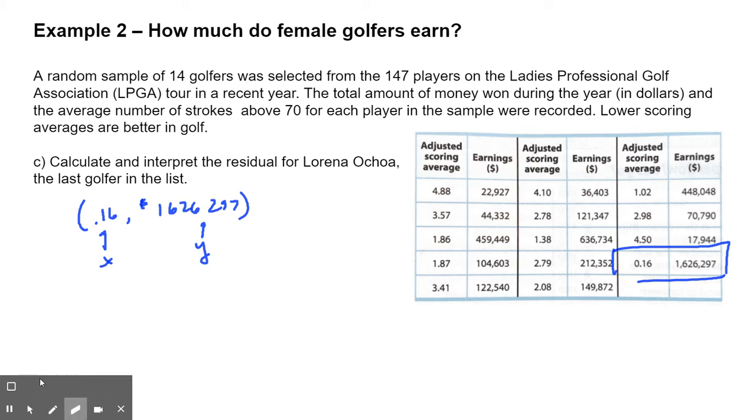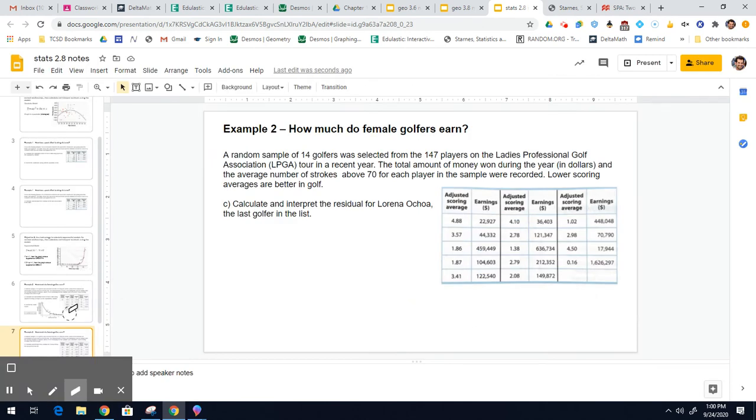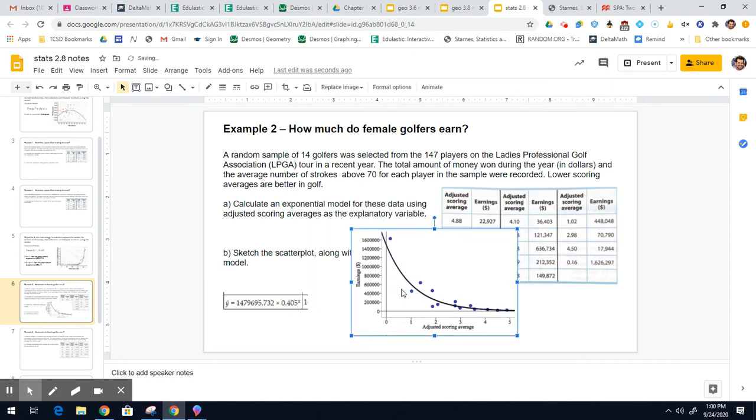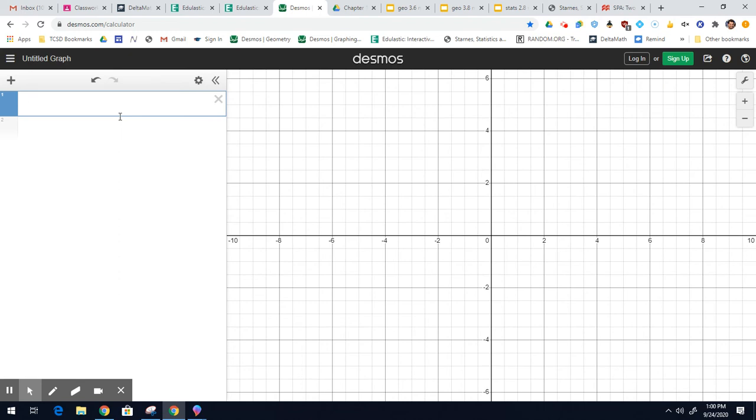I'm going to go back to the previous slide and take a picture of the model. Then I'm going to go to the Desmos Graphing Calculator, where my x value is 0.16. I'll clear that out and enter 1479695.732, parentheses 0.405 close parenthesis, raised to 0.16.